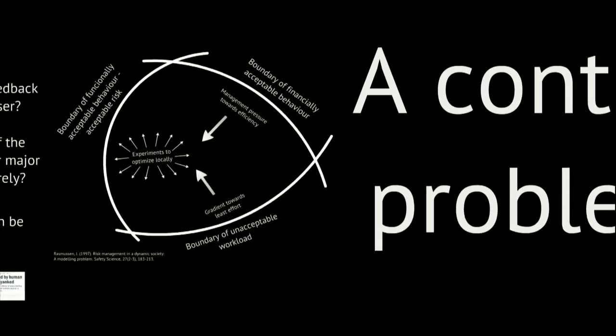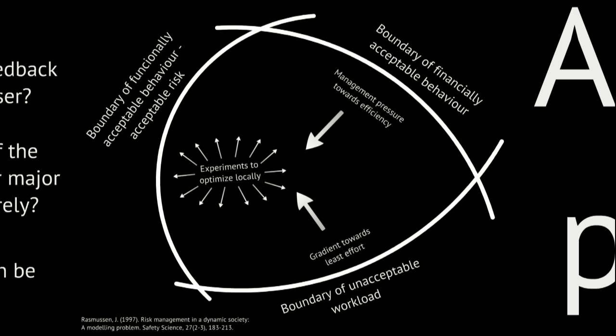And we will also look at risk as a control problem, which I think could be interesting to you in web operations, where what you do is that you try to constantly experiment to optimize locally in a highly goal-constrained environment, which is what this model by Jens Rasmussen tries to illustrate.